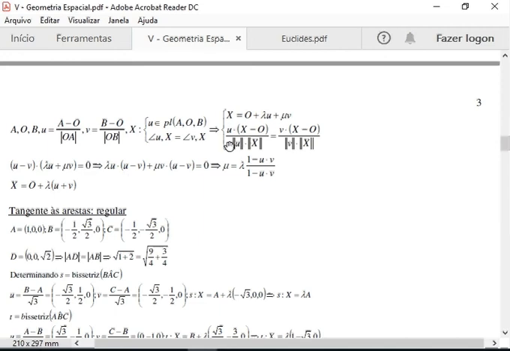Why 0? Because the left hand minus the right hand gives us 0. This implies that lambda U times U minus V plus mu V times U minus V is equal to 0.